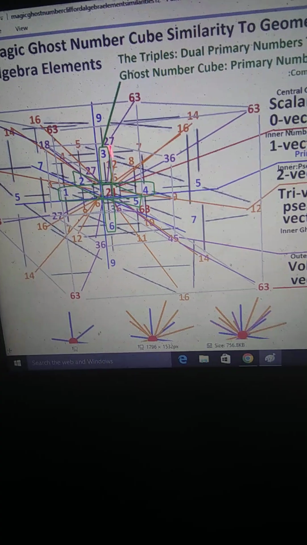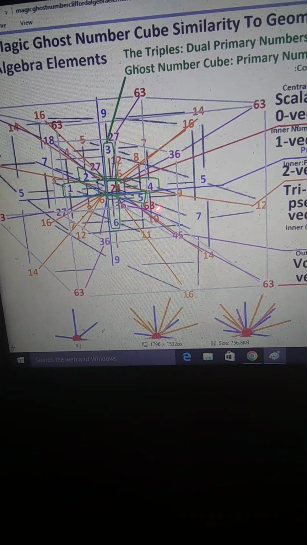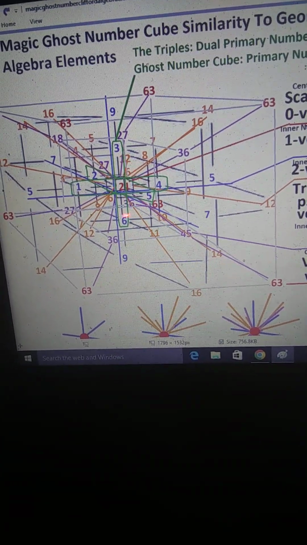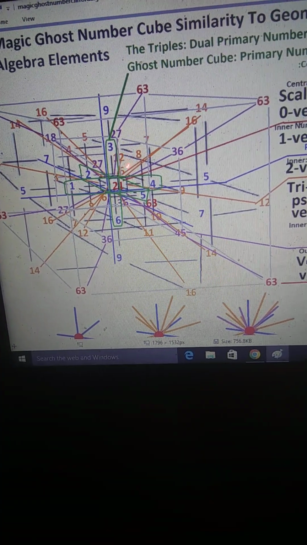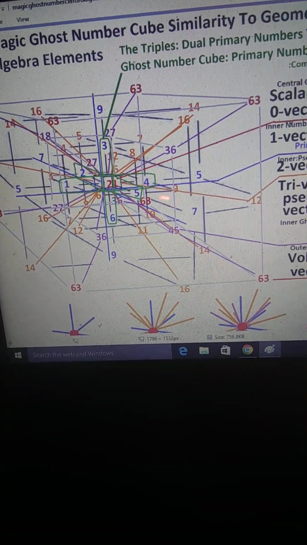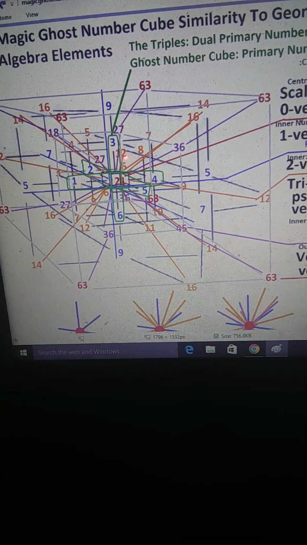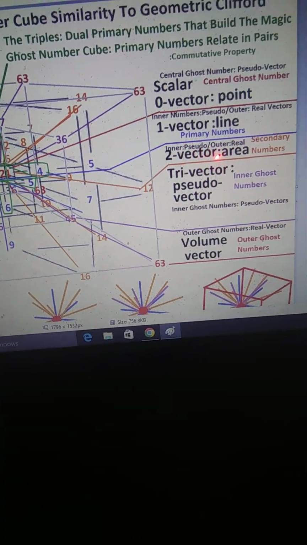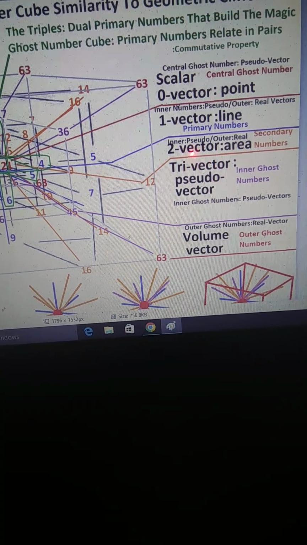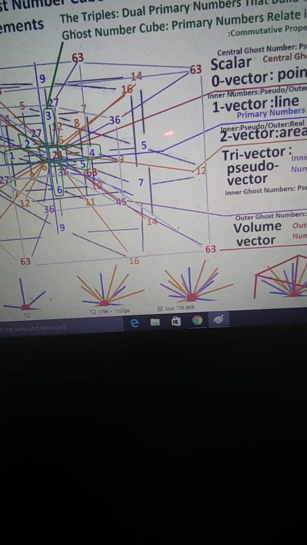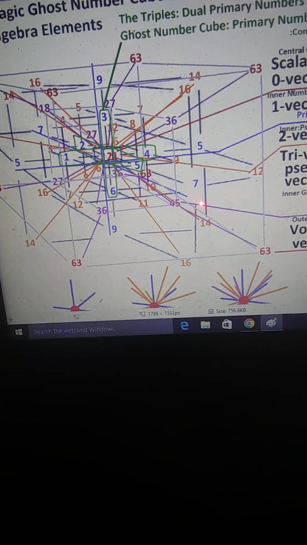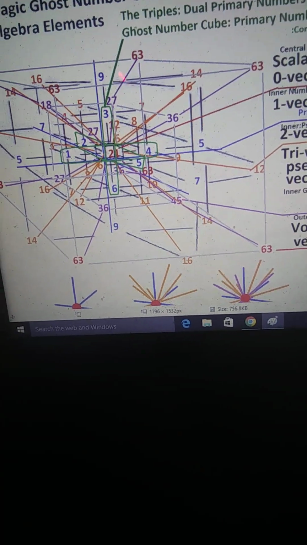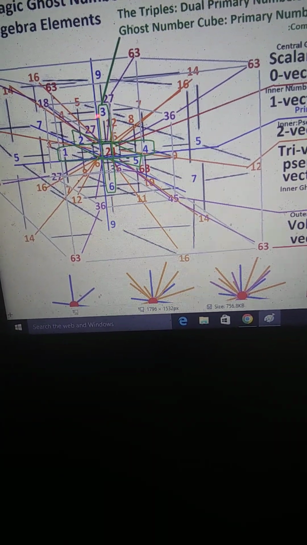This central green triples that starts them all off, primary numbers, the blue numbers, are pseudo-vectors, and so are all the others, like the area bivector, these orange lines that crisscross the 3 triplanes that make up the inner cube.